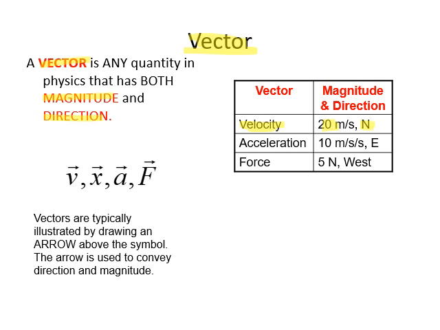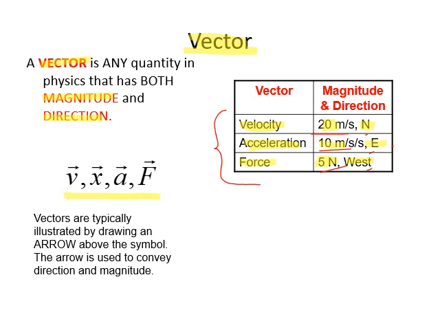Acceleration 10 meters per second squared towards east, force 5 newtons towards west. All these are examples of vector quantities which have magnitude as well as direction associated with them. And this is how we represent a vector quantity.